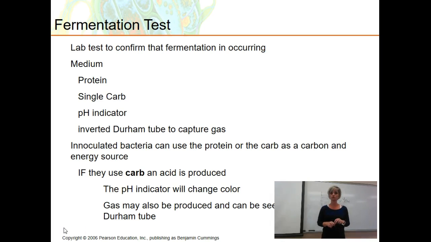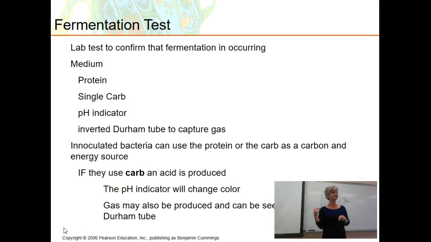It's going to choose one source of carbon, one source of energy. If it chooses the carbohydrate, not all of them can choose the carbohydrate. If it chooses the carbohydrate as its energy source, then what happens, as a byproduct, it releases an acid. Well, the pH indicator is in there to pick up on changes in pH.